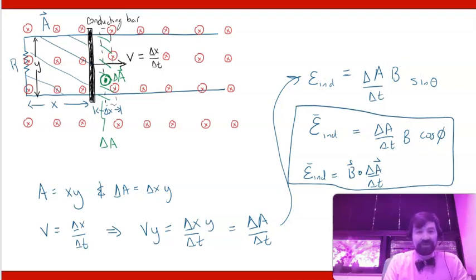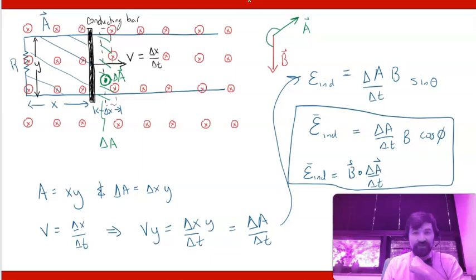And so for my area vector, that cosine term, essentially, if I rotate everything, I have a B field here, and then I have an area vector, which let's skew slightly, like so. Then phi would be the counterclockwise angle between the area vector and magnetic field.